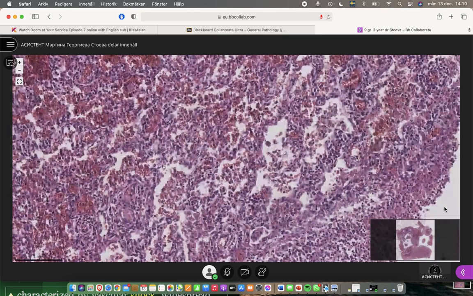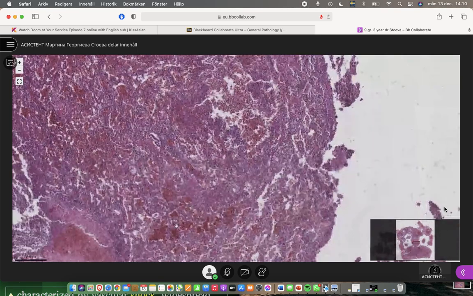The inflammation of the lung parenchyma, which histologically is visible with inflammatory cells within the alveolar spaces, within the alveoli, is known as pneumonia. So here in this slide, we have pneumonia because of the inflammatory cells in the alveolar spaces.